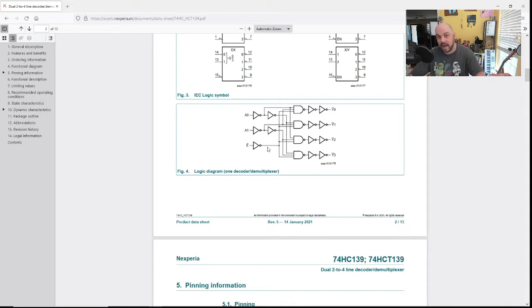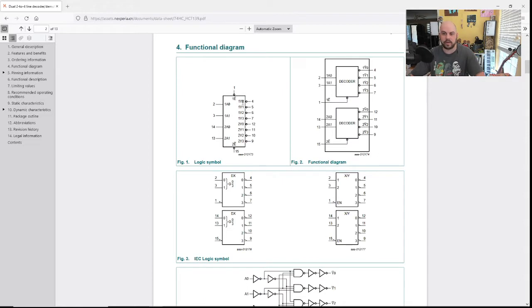This would be the data that I'm wanting to push through the gates, whereas A0 and A1 are address lines. If we follow this through, the reason they have these inverters here is that internally, sometimes you'll see them on the schematics, they'll put a little dot showing you that it's an inverted input or an inverted output.